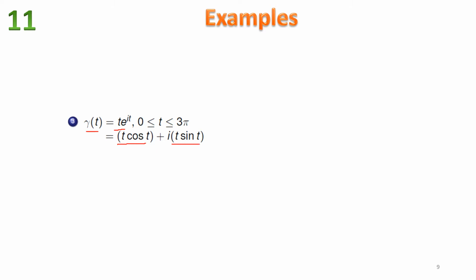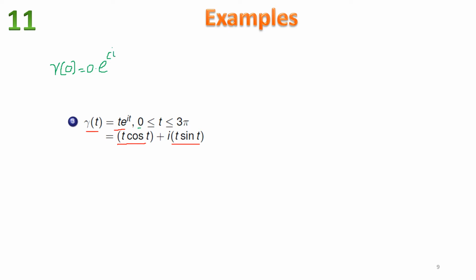Now we shall try and understand how this works. This is going to begin from 0. So gamma of 0 we have to work out. Gamma of 0 is equal to 0 into e to the power i times 0.